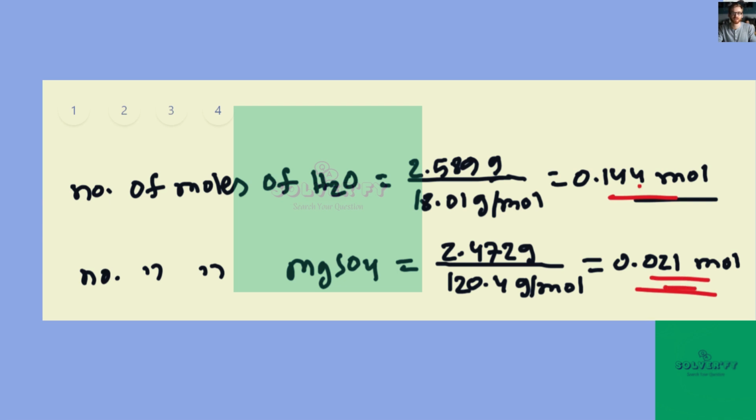That means we will divide each number of moles by this 0.021 to get the simplest whole number ratio. So the ratio of H2O will be the number of moles of H2O, which is 0.1438 mole, over the smallest mole.